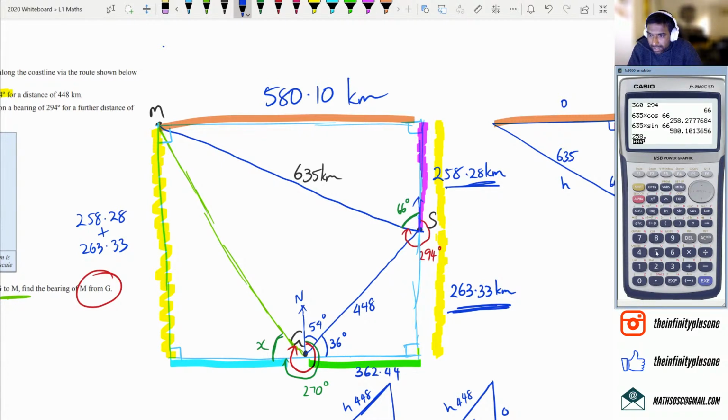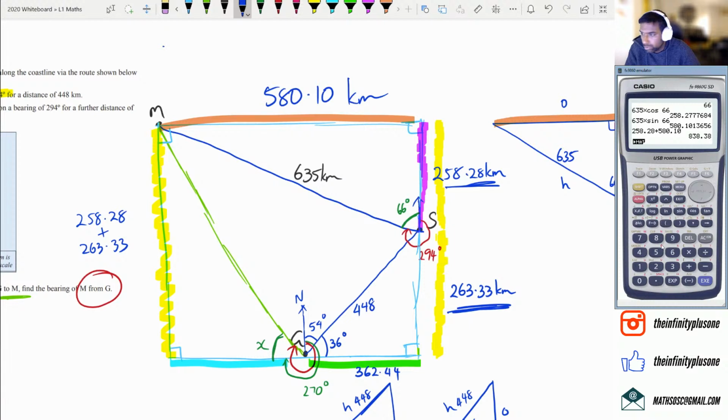So I'm just going to go 258.28 plus 580.10. That gives us 838. Do I want to do it this way? What have I done wrong?